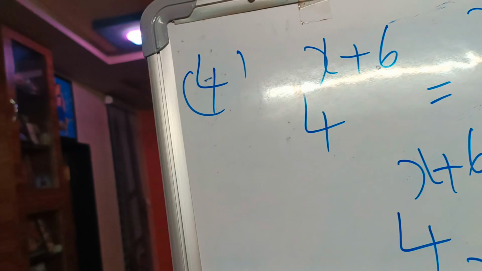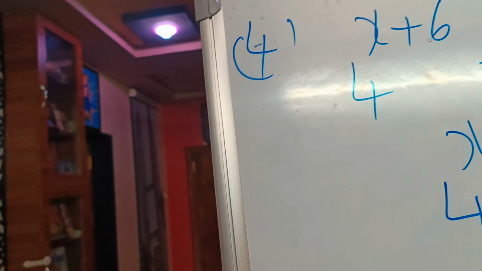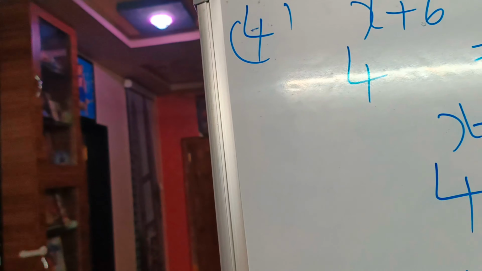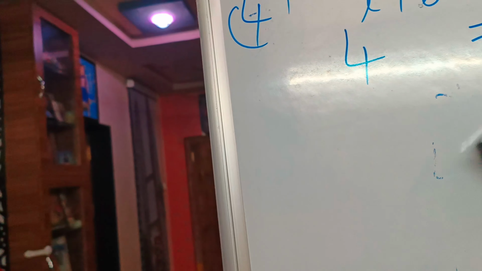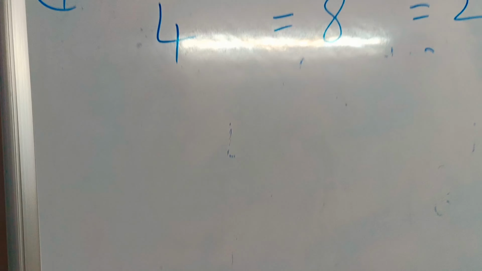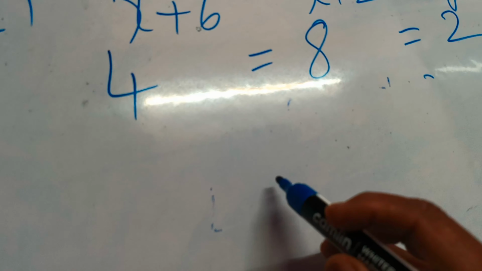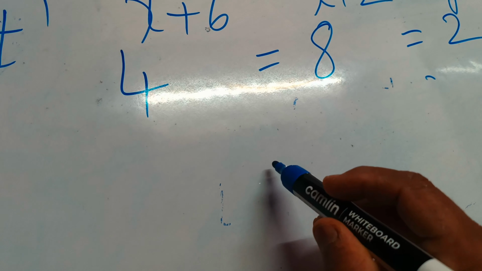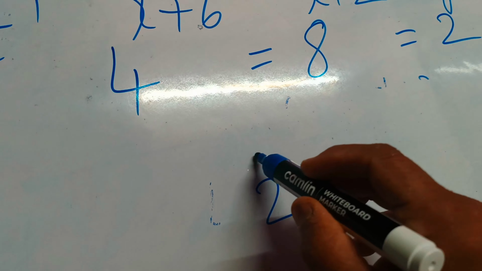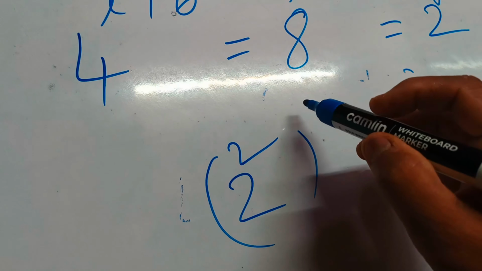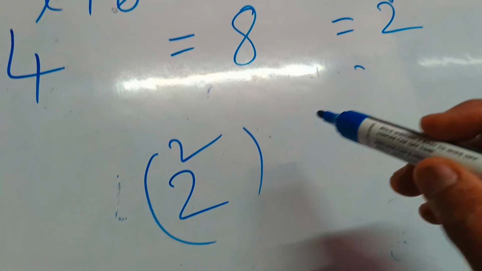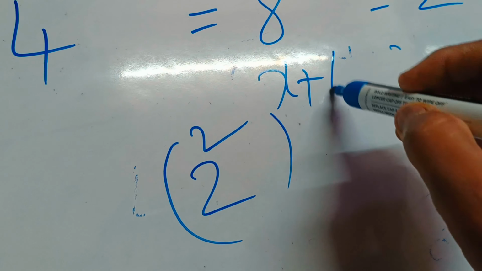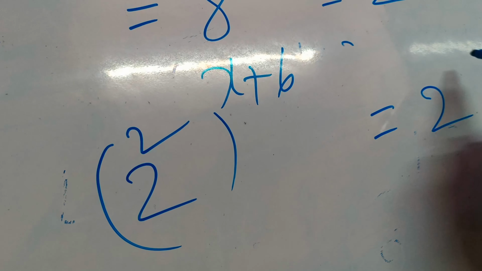We take the value of x as 6. 4 will be written as 2 square to the power of x plus 6 is equal to 2 power y.